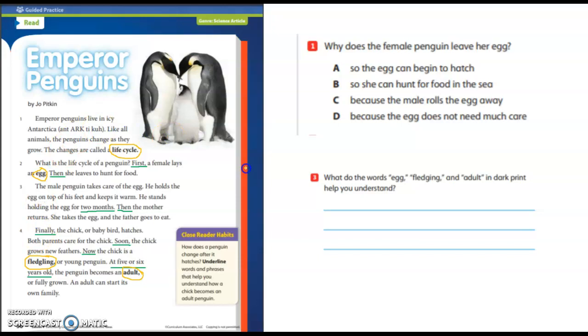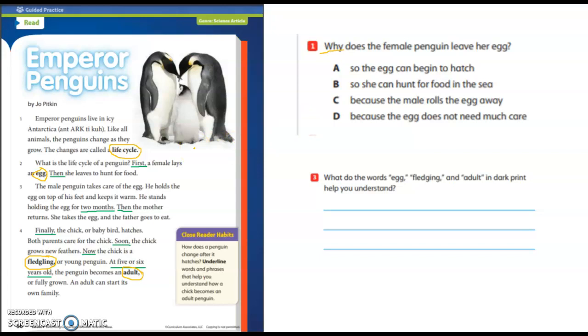Let's take a look at these questions. Why does the female penguin leave her egg? So we're looking for why she leaves. We have: so the egg can begin to hatch, so she can hunt for food in the sea, because the male rolls the egg away, because the egg does not need much care. So we don't just decide on an answer. We go back to the text and we find the text evidence that proves our answer.